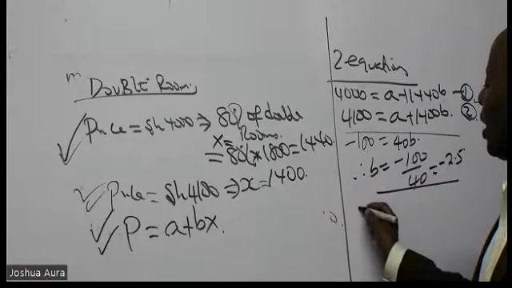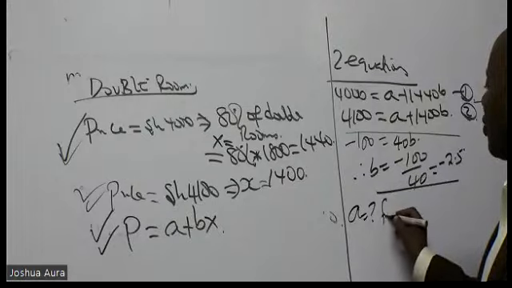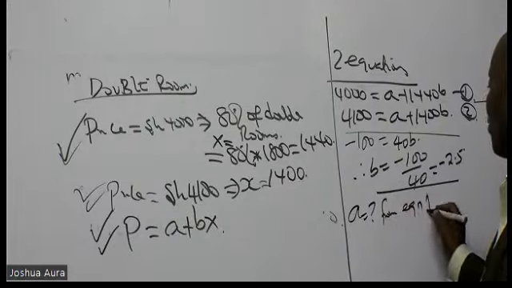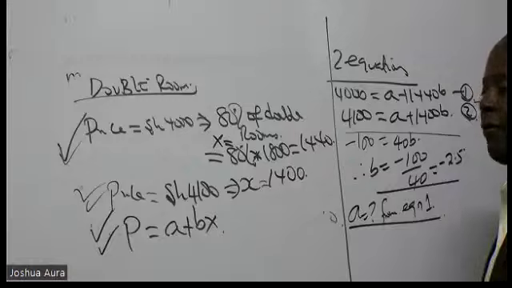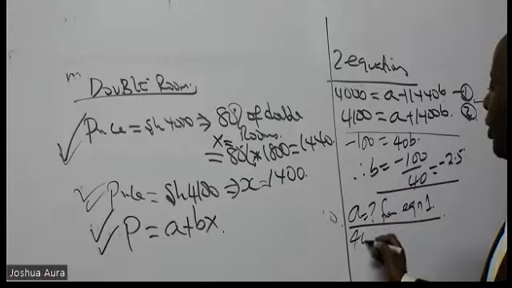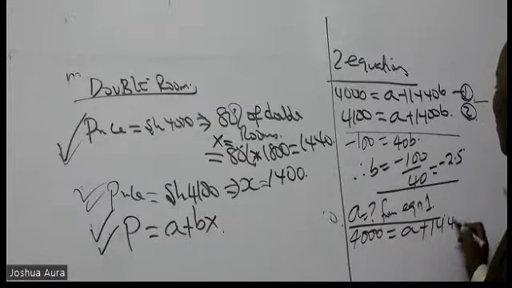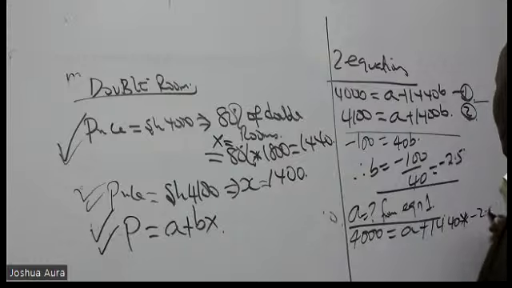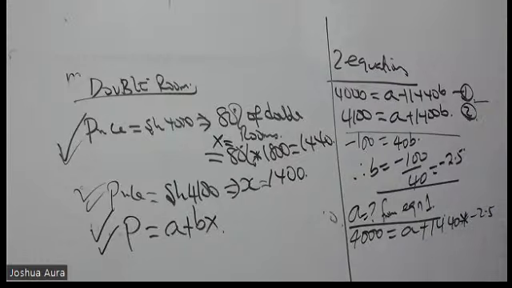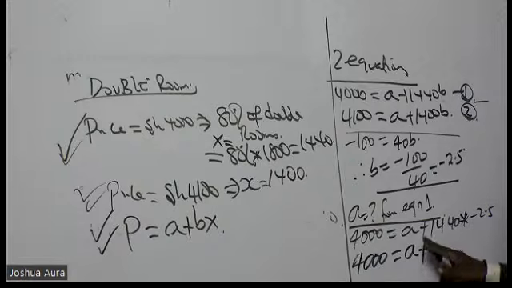So what is the value of A from equation 1? From equation 1, we have 4,000 equals A plus 1,440B, and B is minus 2.5, remember. So we have 4,000 equals A plus, what is this times this? It will be negative.